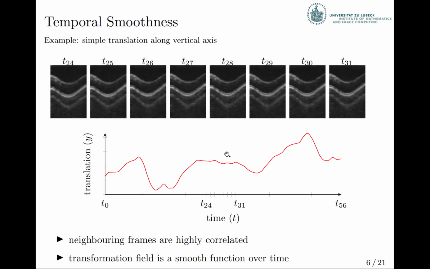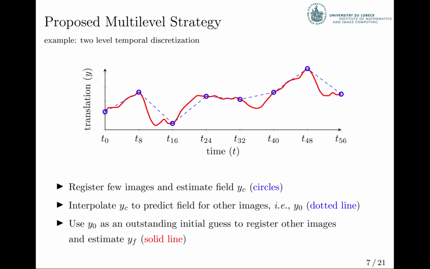So based on this graph, one can think that if I know the deformation field at time instant 24 and the deformation field at time instant 31, then I can probably guess the deformation field in between the time instants. And that is the main idea which we are exploring here and building a multi-level strategy on. So in this example we have 57 images.